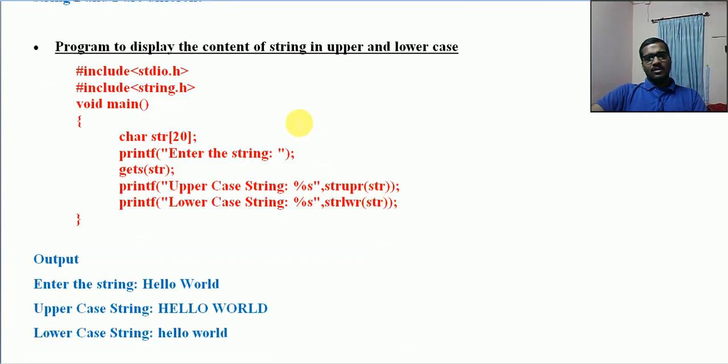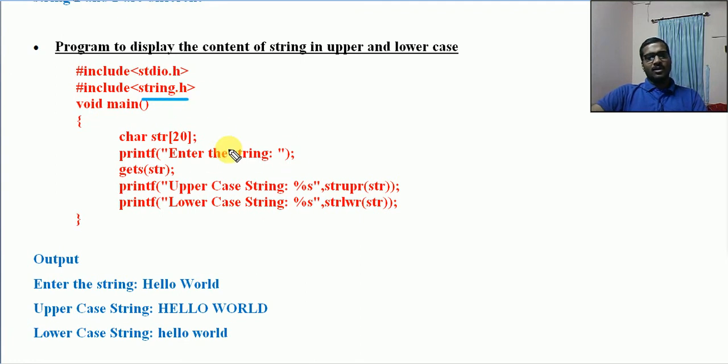Okay, so now let us see one more example: display the content of a string in upper and lower case. There also we are using functions to convert into uppercase and to lowercase. So string.h is the header file for string handling.